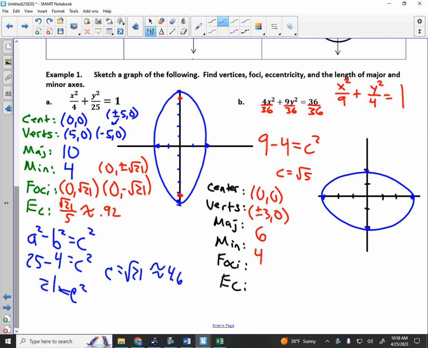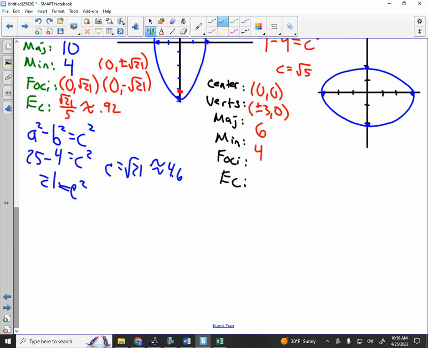Square root of 5. Square root of 5 is about 2.2. So I move 2.2 units in each direction. So the foci will be located at plus or minus the root of 5, 0.